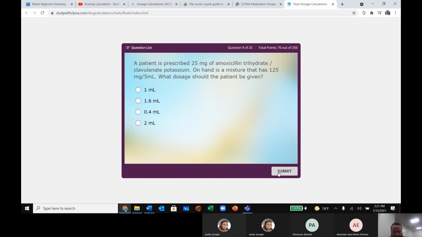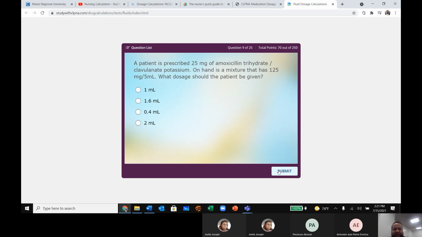Next question. A patient is prescribed 25 milligrams of amoxicillin trihydrate clavulanate potassium. On hand is a mixture that has 125 milligrams in 5 ml.